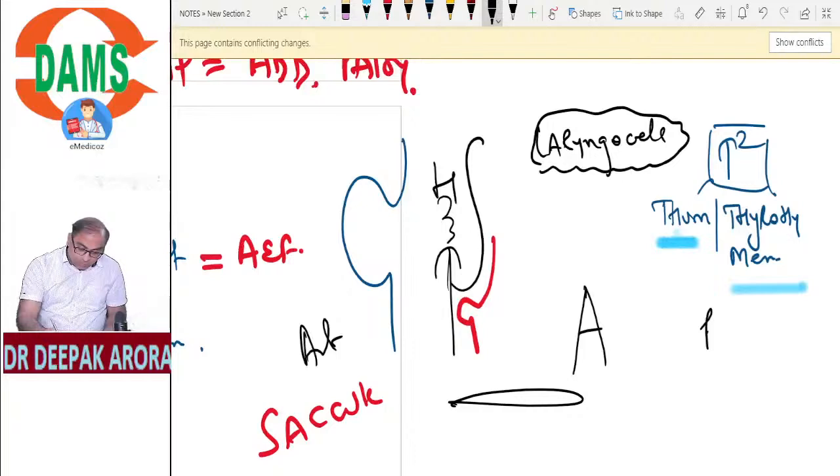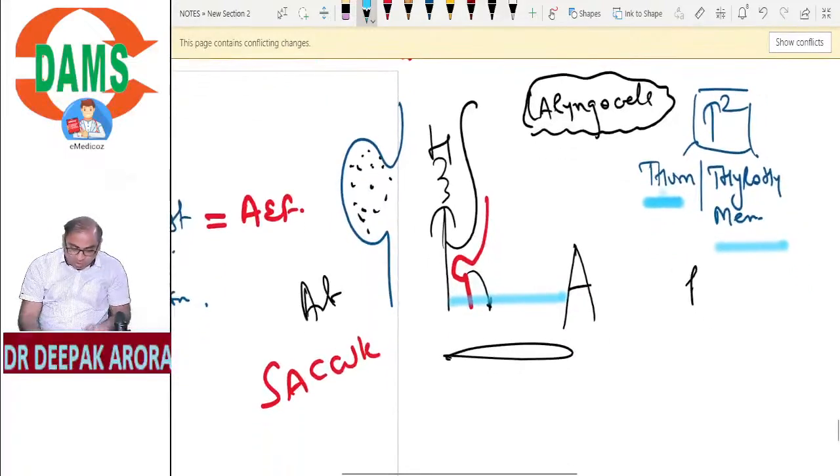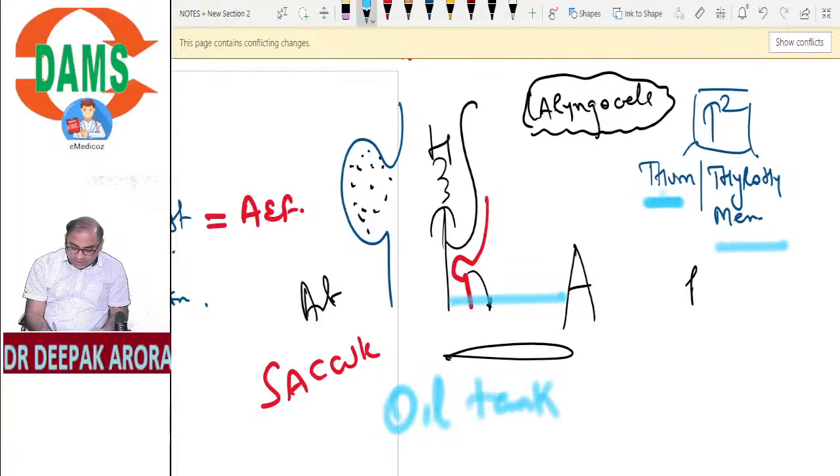In this small pouch, there is maximum density of mucus glands. And this mucus comes down and lubricates the vocal cords. So what is the function? Can I call this saccule the oil tank of the larynx? Yes, absolutely.